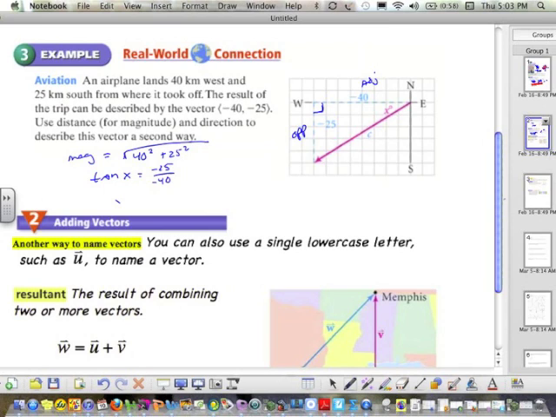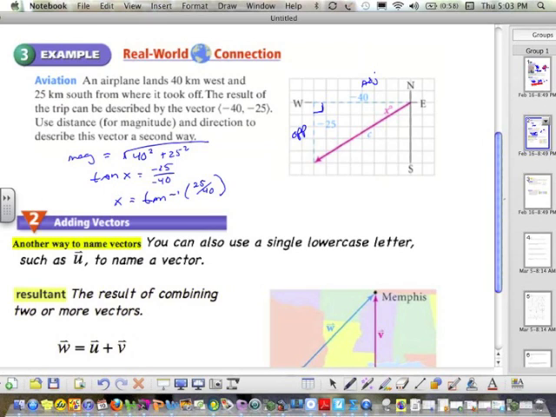And so x is just the inverse tangent of y over x, and because they're both negative, I can even write it as 25 over 40. Okay. And so I can get the magnitude and direction. And for both of those, again, the triangle was not unique. That'll work for any triangle.